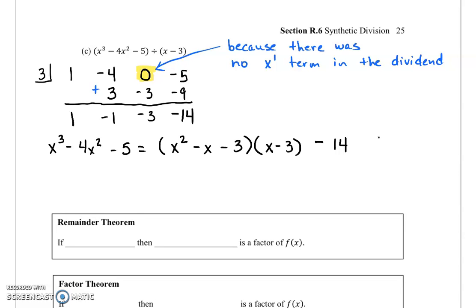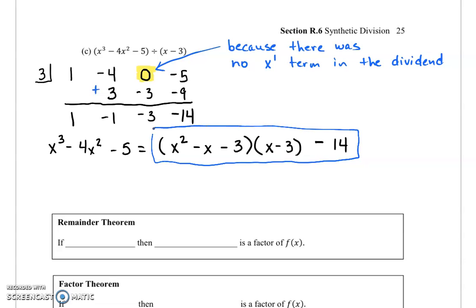Now, if we multiply that back out and add our remainder, so if we simplify, we should get back to our dividend. And if you want, you can multiply this out and see that that's the case, but you don't have to.